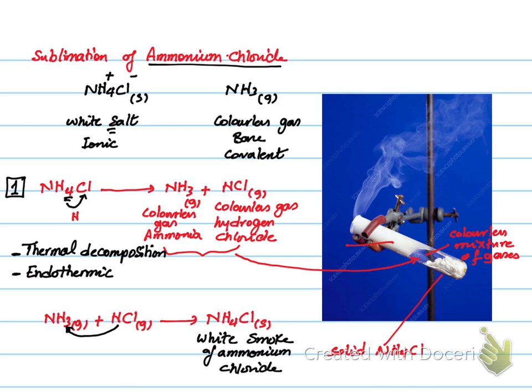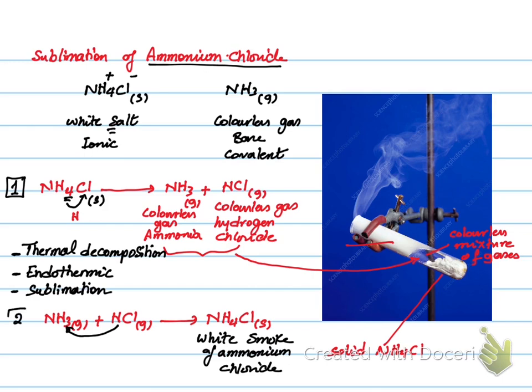And because solid ammonium chloride turns directly to gaseous products, we can classify the reaction as sublimation. So equation number 1 is thermal decomposition, it's an endothermic reaction, and it's sublimation.